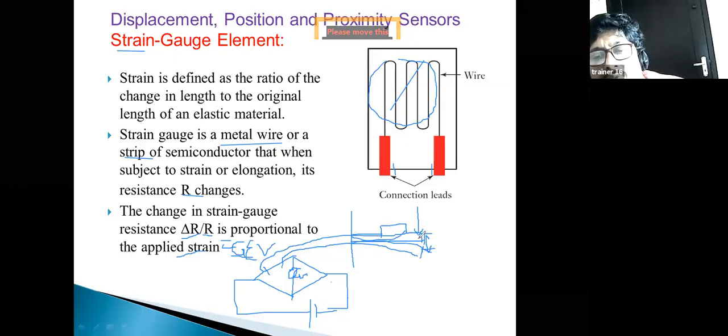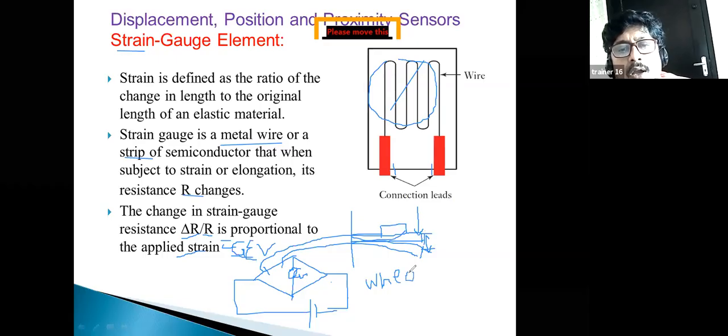Any question from this? No, Wheatstone, Mr. 306, what is your name? Wheatstone Bridge, I'm writing here. W. Already you studied this in electrical and electronics, and in intermediate also you studied.